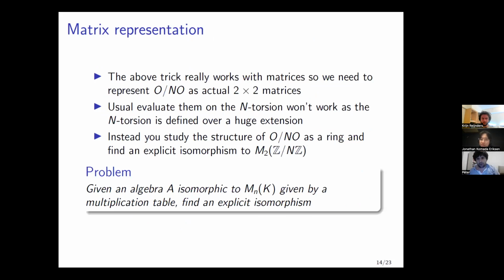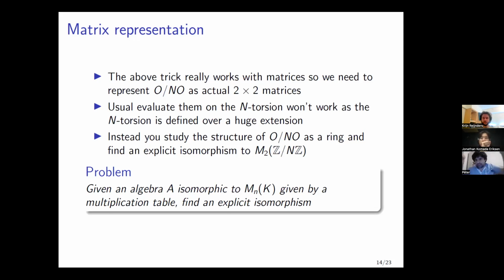So one other small thing that we need to solve is, I mentioned that I'm working with the endomorphism ring modulo n, which is isomorphic to 2 times 2 matrices. But I actually have to work with matrices in these approaches.